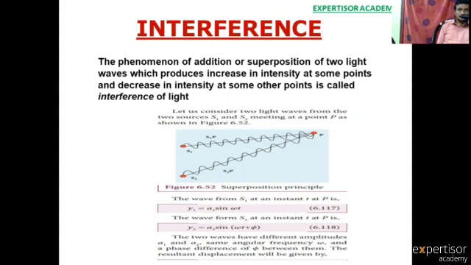When light rays are superposed or added with each other, they produce an increase in intensity, or higher intensity, at some points, and a decrease in intensity, that means lower intensity, at other points. So this process is called the interference of light.